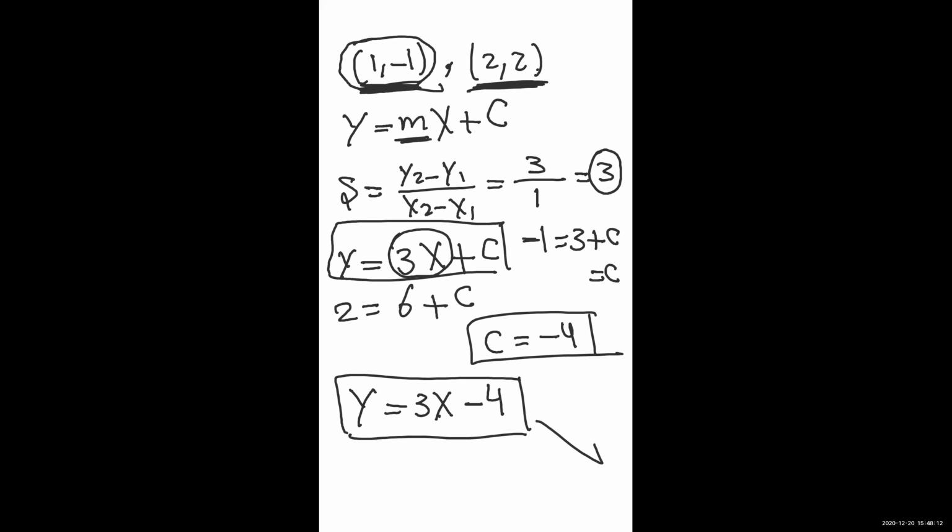Now c will equal -1 minus 3, which is equal to -4. So exactly the same, right? If the line passes through these 2 points, this means each point satisfies the relation, so we can use any one of them. Okay, guys, are we clear?